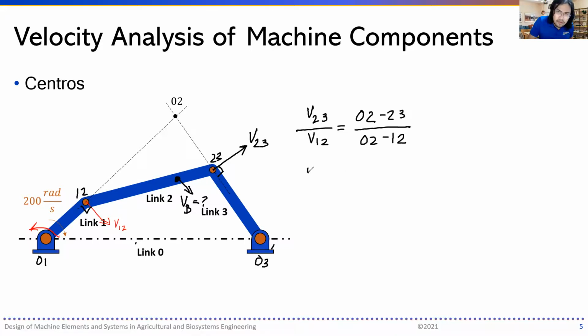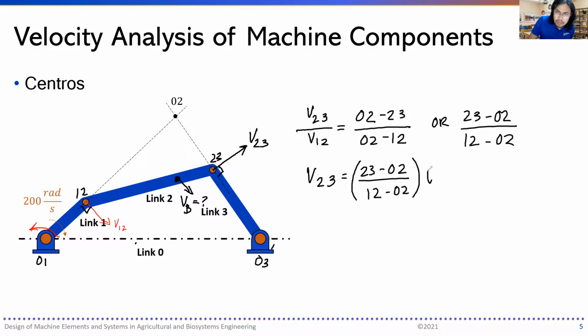So we have our V23 equal to what? It's 2, 3. Actually, it's 2, 3 minus 0, 2, so that we're not confused. So we have our value for the velocity of 2, 3. It's 1, 2 over 2 times what? The velocity 1, 2, because we can get whatever the length of this link is.